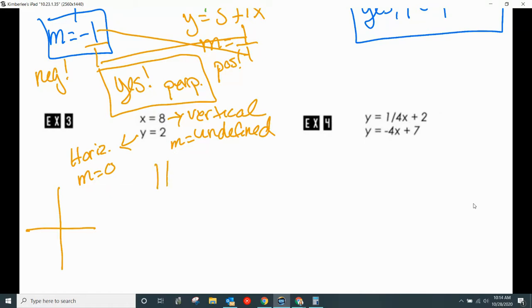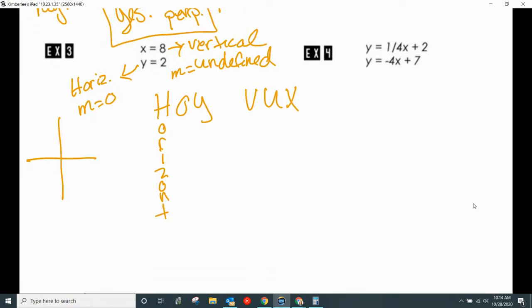So there's a little thing you can remember to help you with this. It's called HOY and then VUX. What it means is if you have a horizontal line, it has a slope of 0, and it's a y equals equation. For instance, this one, y equals 2, just a number. That's a horizontal line with a slope of 0, and it's a y equals equation.